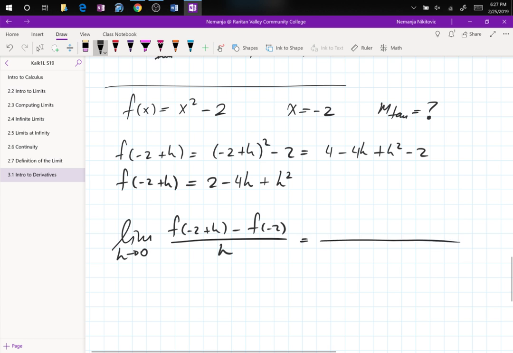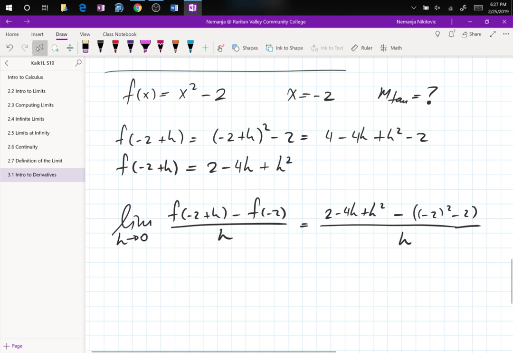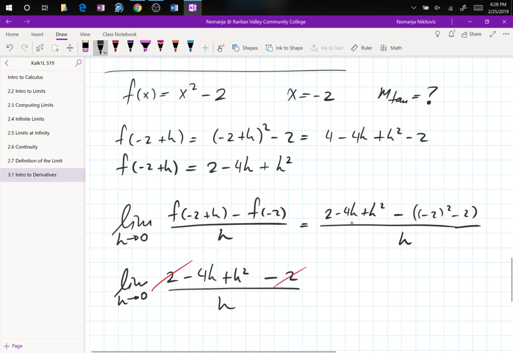That's 2 minus 4h plus h squared minus, and now we have -2 squared minus 2, over h. Limit h goes to 0. 2 minus 4h plus h squared minus, this is 4 minus 2, minus 2 divided by h. These guys cancel, and you see that the only terms that are left up there have h.